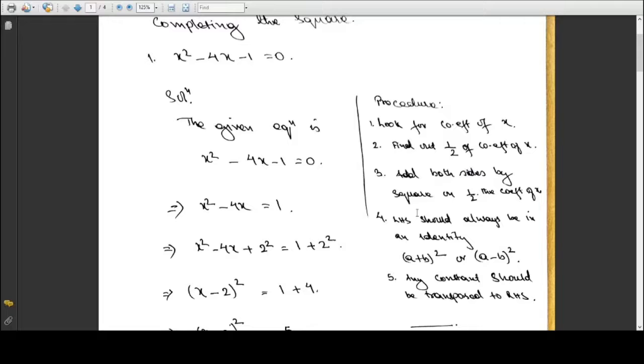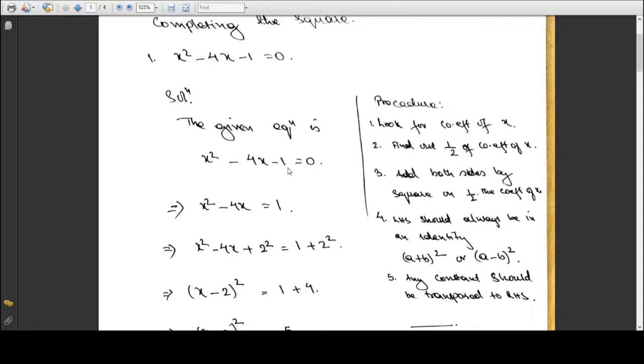Another thing is to always see that the coefficient of x squared should be 1. If any other coefficient is there, then you should simplify it by dividing the whole equation by the coefficient of x squared.